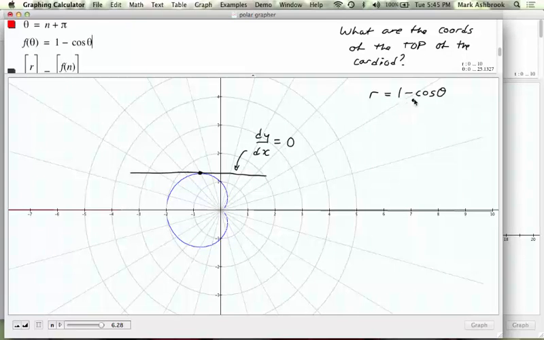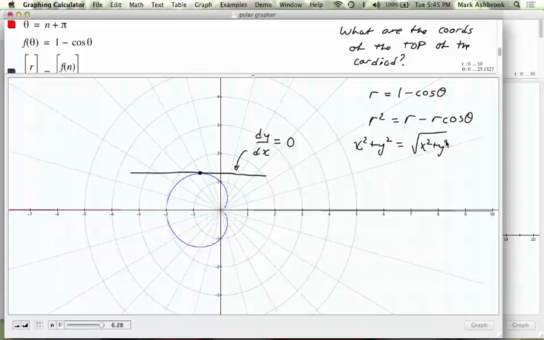This one actually does not lend itself very well to doing that, because we could use the same technique as before. We get r squared equals r minus r cosine theta. Well, then we have x squared plus y squared equals the square root of x squared plus y squared minus x.